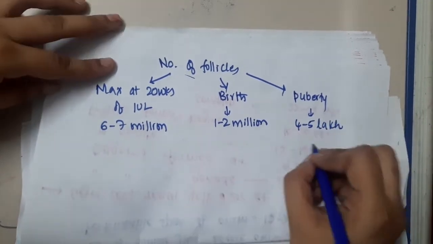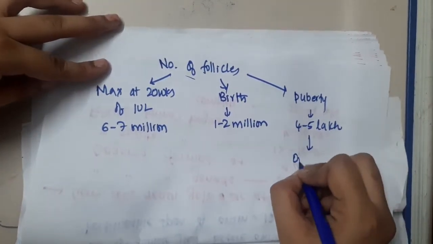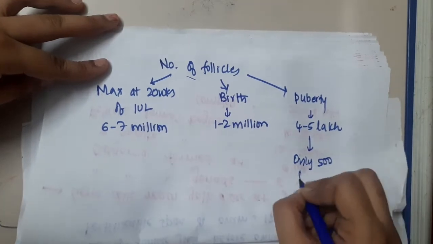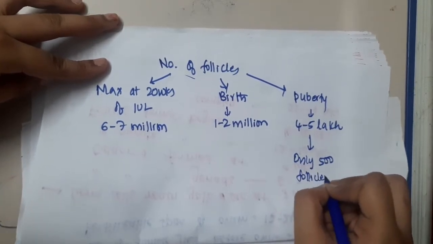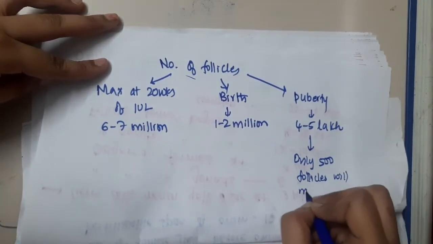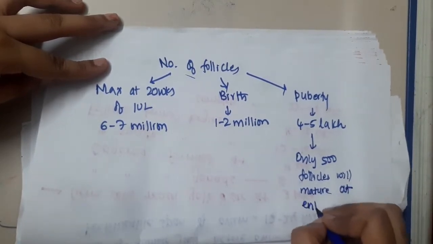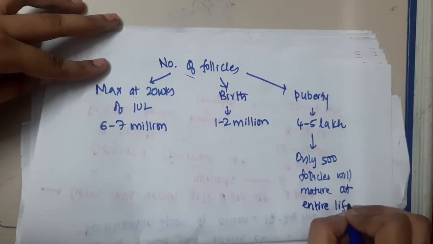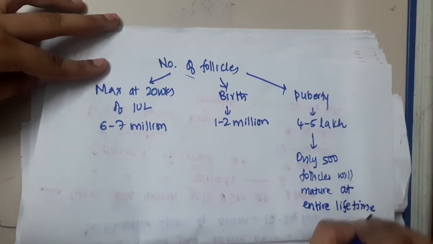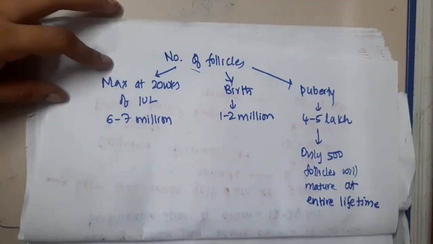Among these 4 to 5 lakhs, only 500 follicles will mature in the entire lifetime.